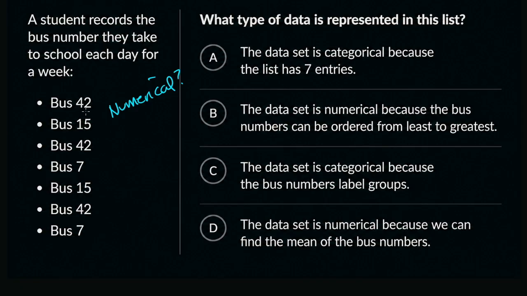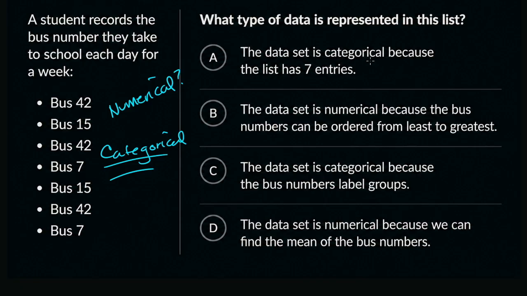In this situation, the numbers are really just the names of the buses. They're just labels for these buses. You could even think of them as categories or labels of the buses. So even though there are numbers involved here, they're not actually measuring anything that we care about. So this one is actually going to be categorical, where the numbers are just the categories or the names or the labels.